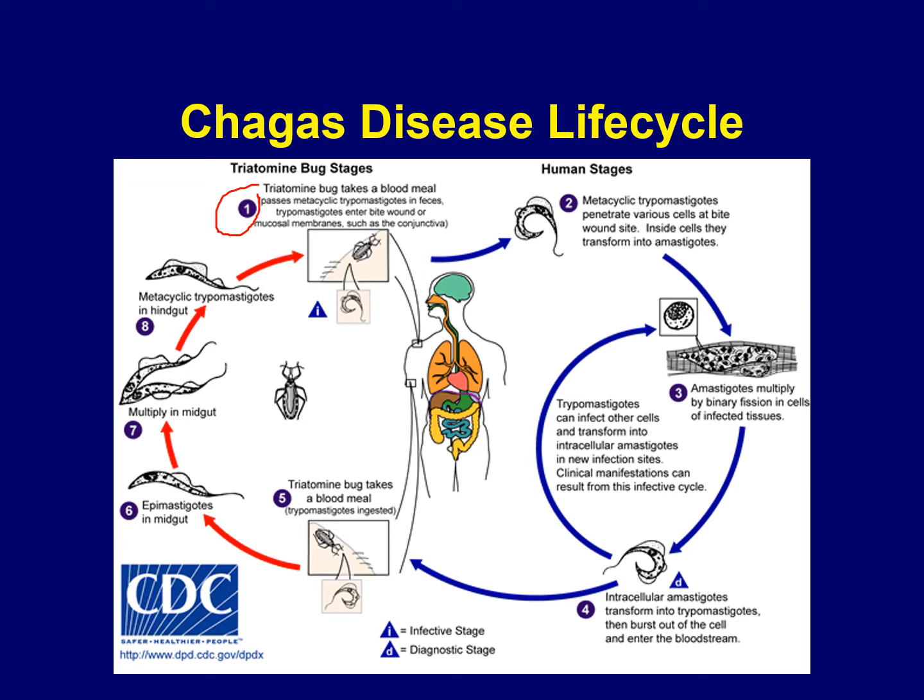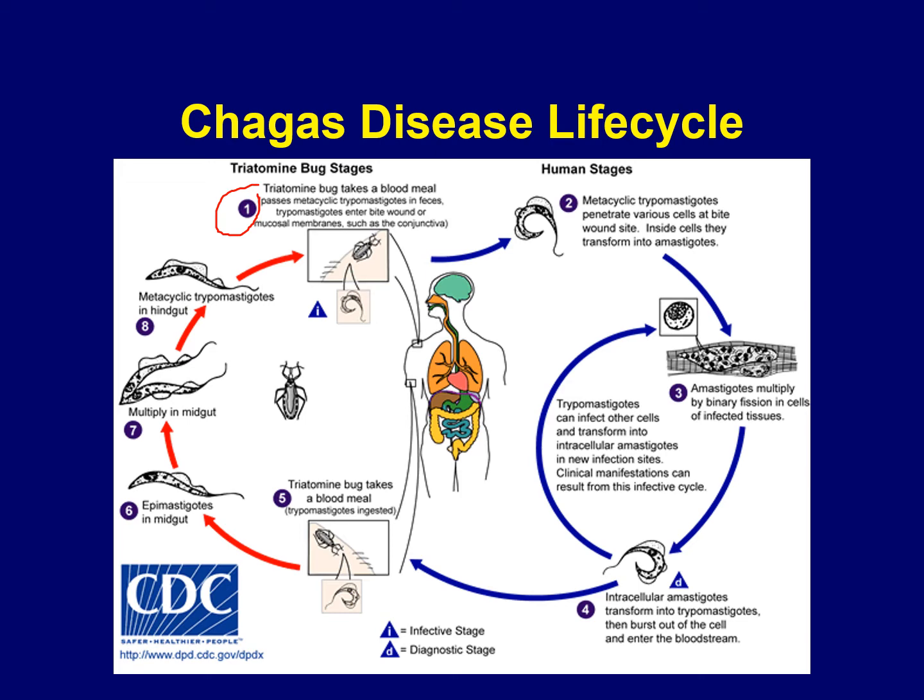And the human, because of the inflammatory reaction around the bite, typically scratches or rubs, and this gets the feces that contain the parasite into the bloodstream. And I'll show you some examples of the conditions where this tends to occur.